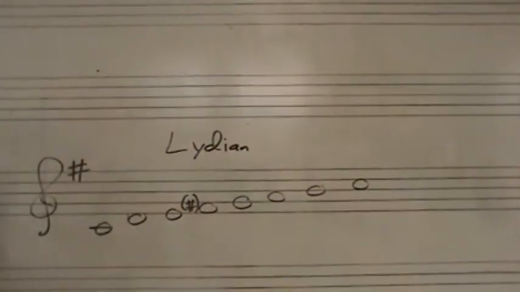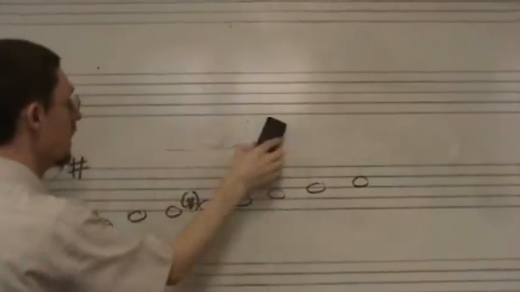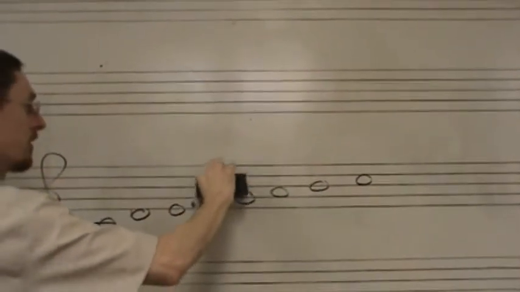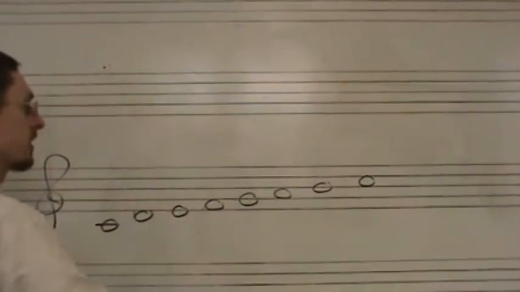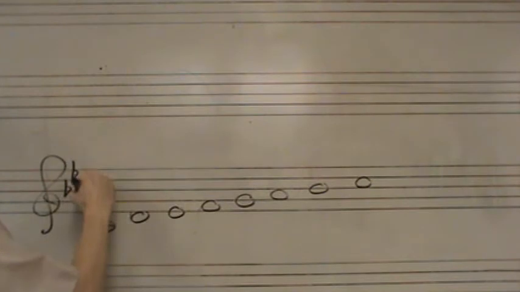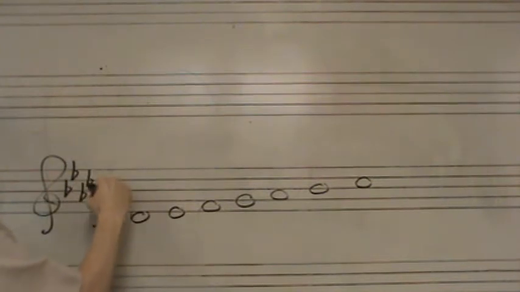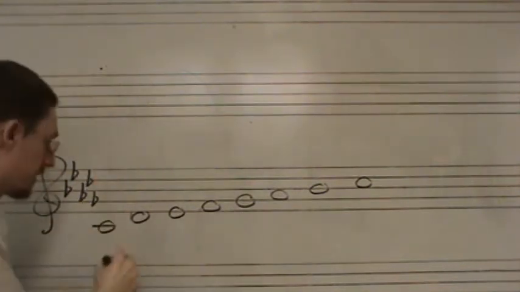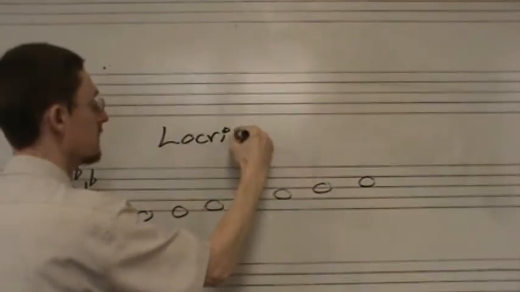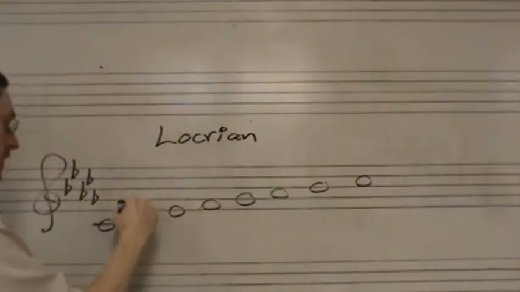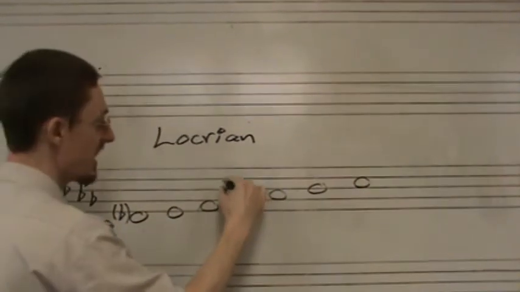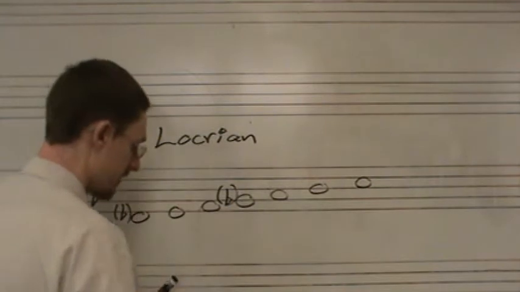Okay, and that left us with one more scale. One more scale that we related to the natural minor a little further, or more distantly related, super duper minor. That was our Locrian scale, second scale degree on Ra as in the Phrygian, and on Se, lowered fifth scale degree.